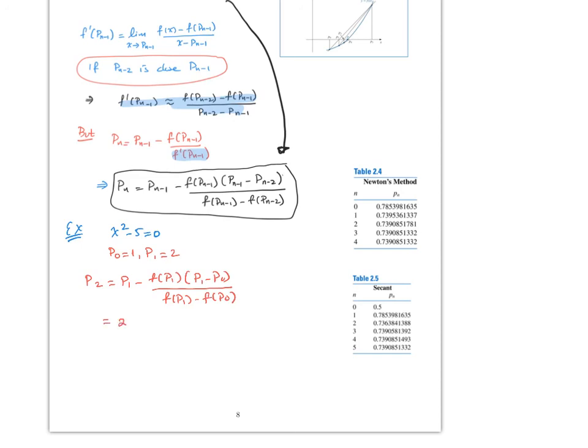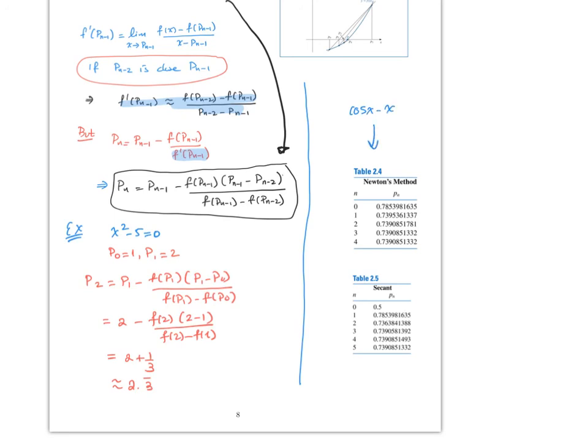In our case, this will be 2 minus f of 2 times 2 minus 1, divided by f of 2 minus f of 1. Once you simplify everything, this will give you 2 plus 1/3, which is 2.3333, and so forth.